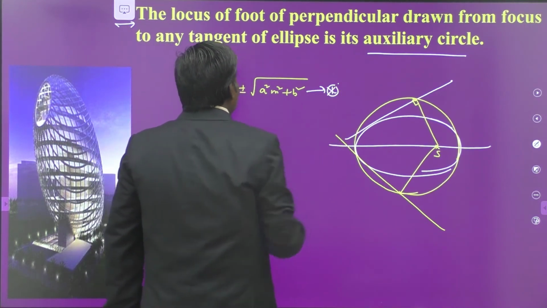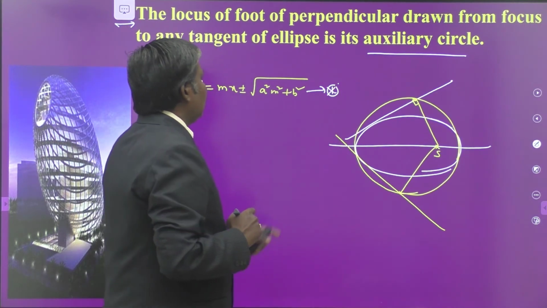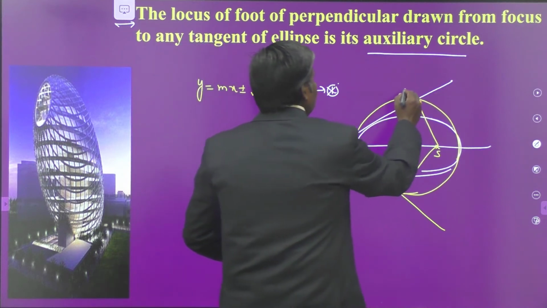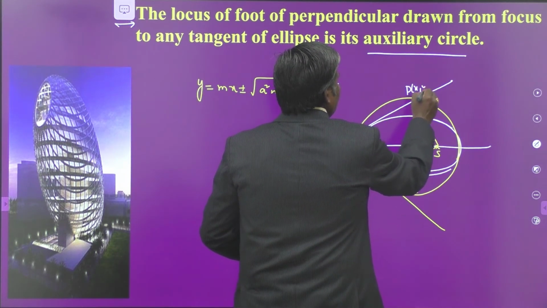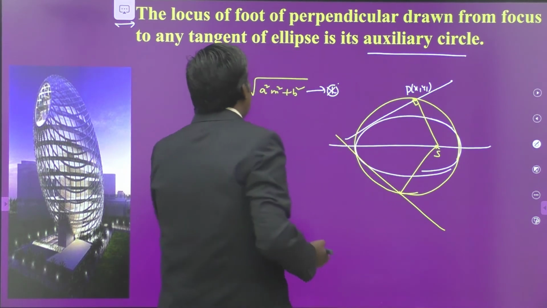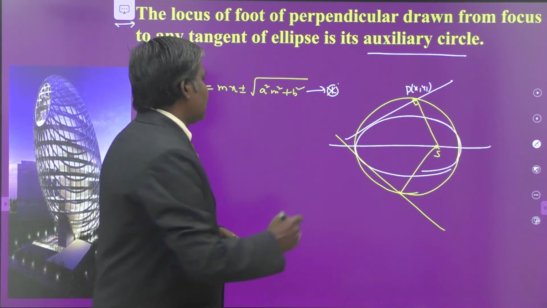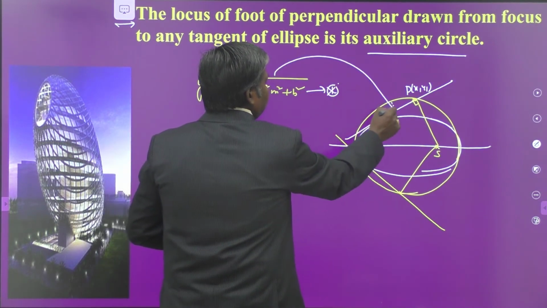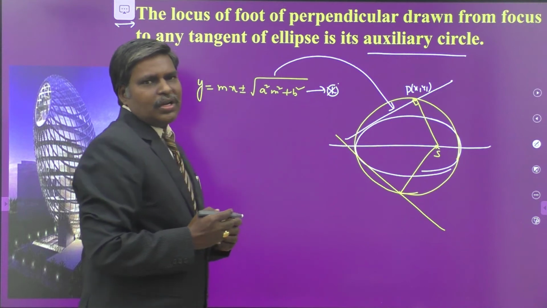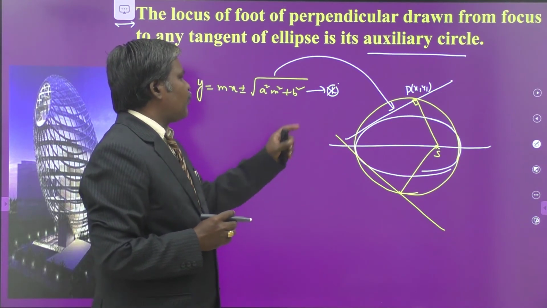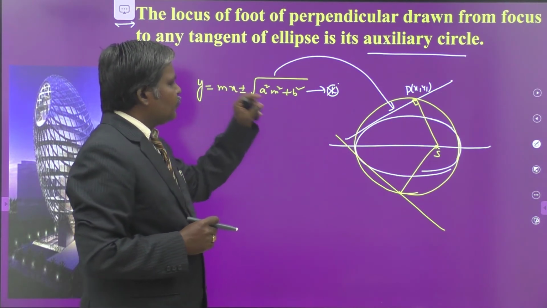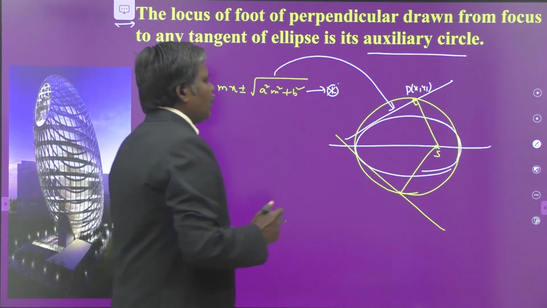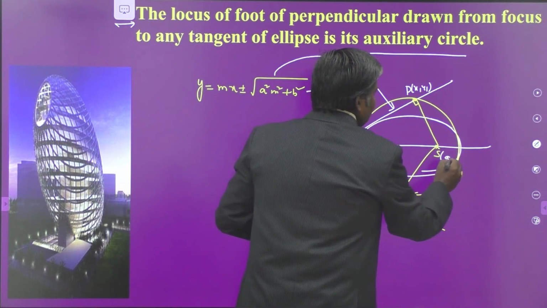Now, let P(x1, y1) be the foot of perpendicular drawn from the focus to this tangent. P(x1, y1) is what, my dears? The foot of perpendicular drawn from the focus to the tangent. What are the coordinates of this focus? (a, 0).